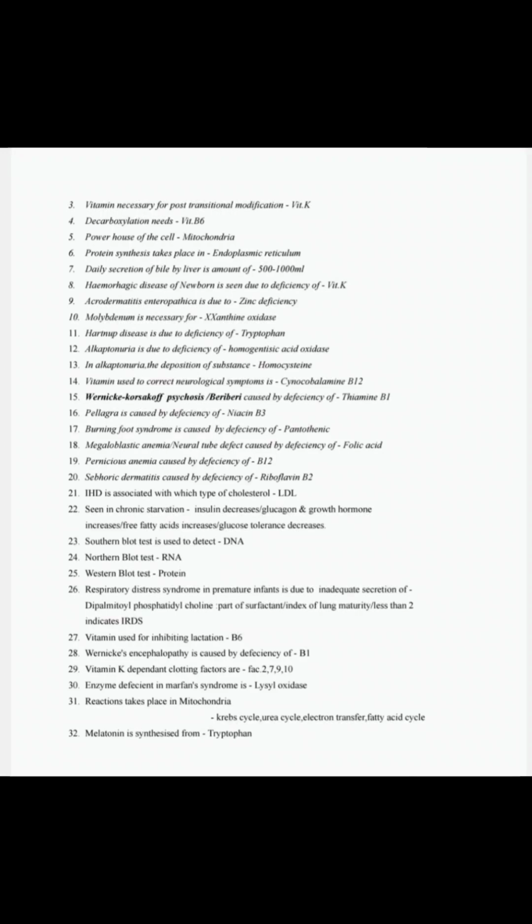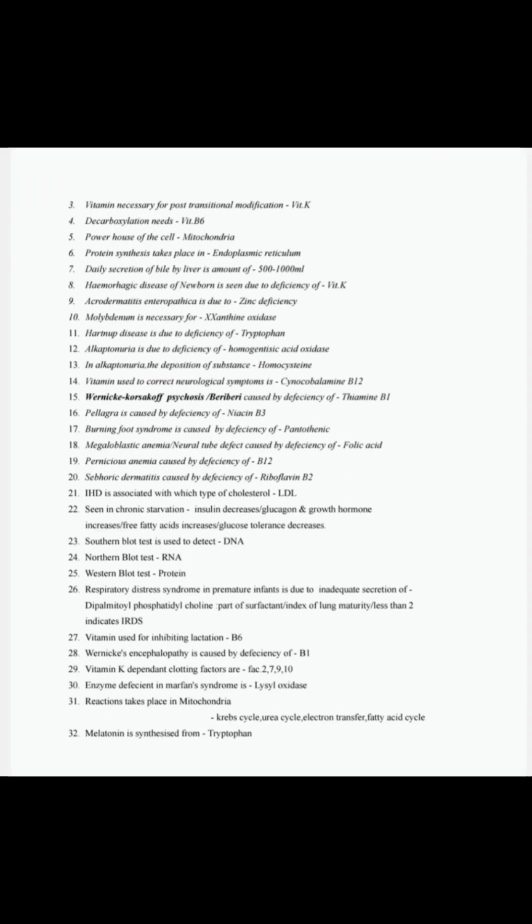They are 2, 7, 9 and 10. The enzyme deficient in Marfan syndrome is lysyl oxidase. Marfan syndrome is a disease in which a protein like fibrillin is deficient. There is one more enzyme, lysyl oxidase, that is deficient.